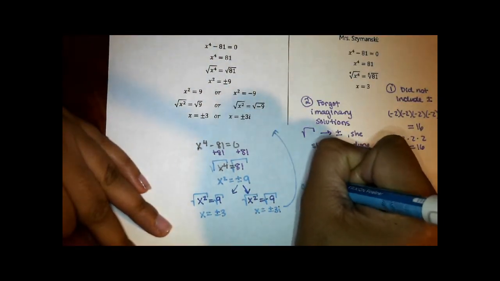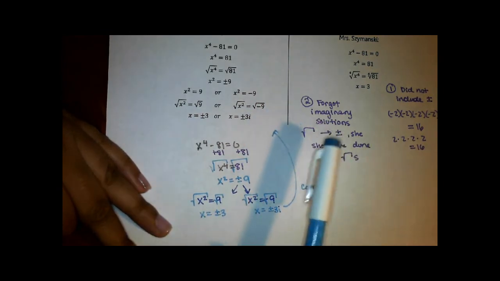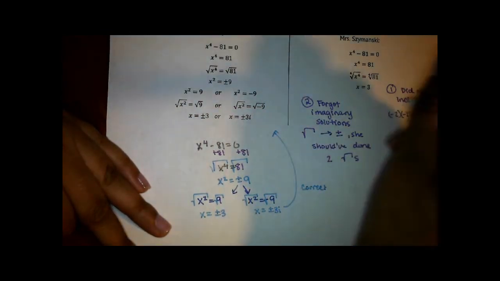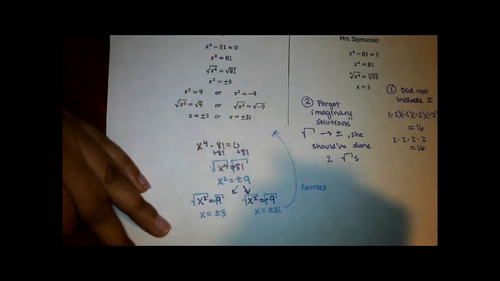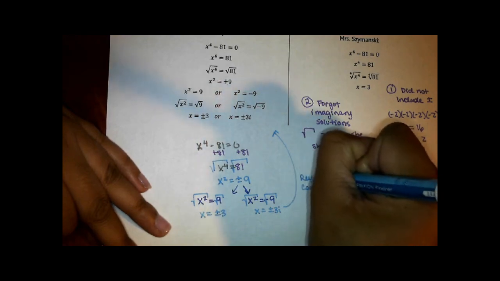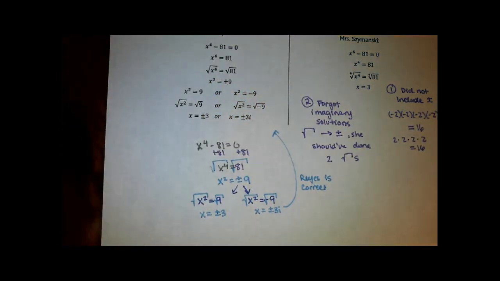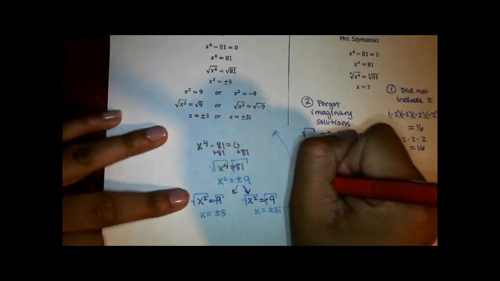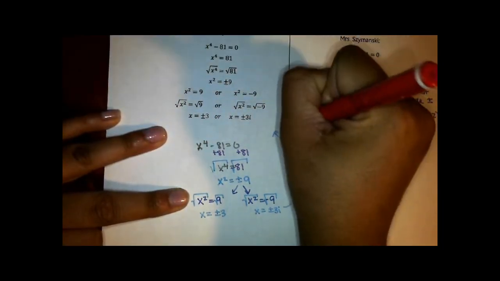So in your final answer, you want to say why Miss Szymanski is wrong, and who's correct. So Miss Reyes is correct. Your final answer should include all of these statements.